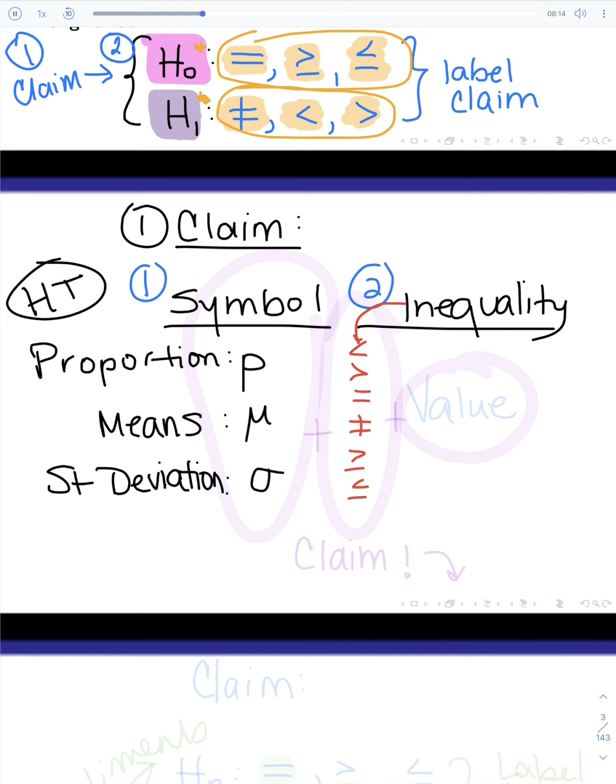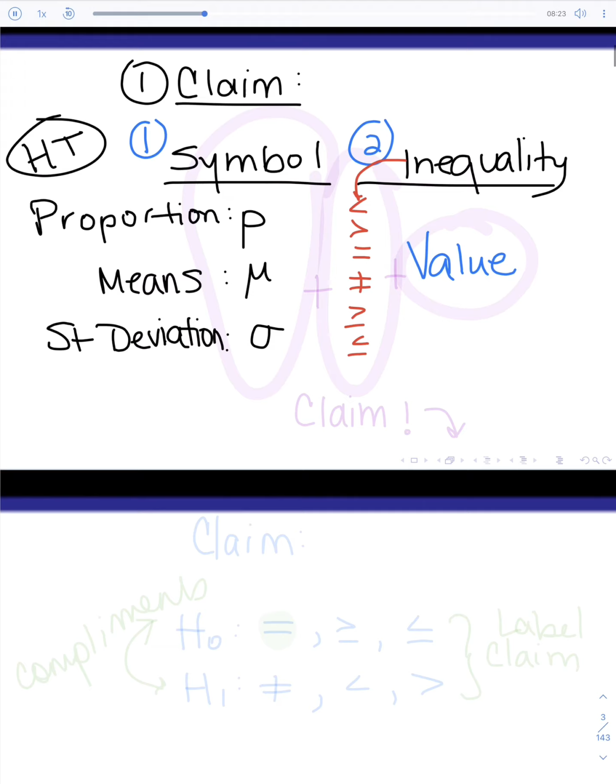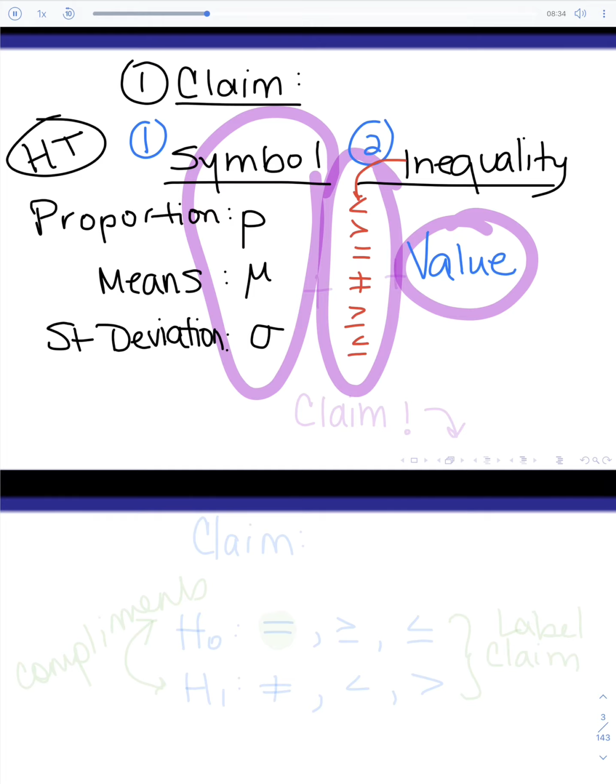And then third, you're going to list out what other value goes on the other side. The value that you've got to be less than or greater than or not equal to. And once you pick out one of your symbols, along with one of your inequalities and your value, that will make up your claim. So it's going to have three parts: your symbol plus one of your inequalities and then a value on the other side.